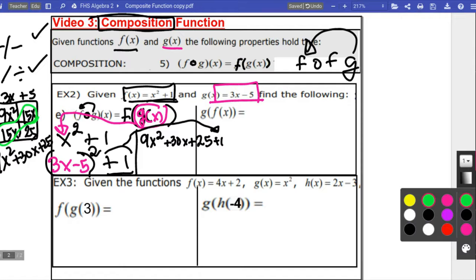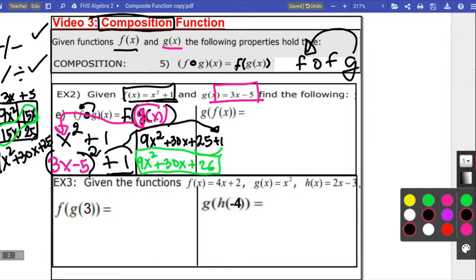You should have 9x squared plus 30x plus 26. I'm not asking you to solve it all. Just put it together, you're done. Don't try to factor nothing. This is not factoring. This is putting stuff together.